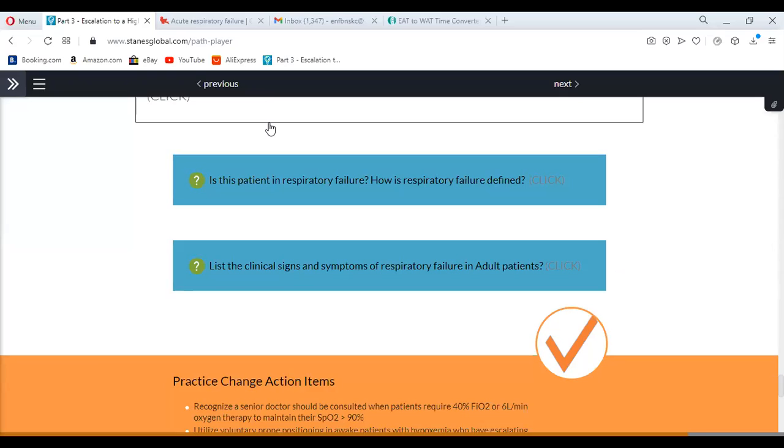Before we go further, it is important to note that for us to objectively say whether this patient has respiratory failure and to classify the type, we need an ABG, arterial blood gases. The challenge with the ABG is that it's not available in most centers.